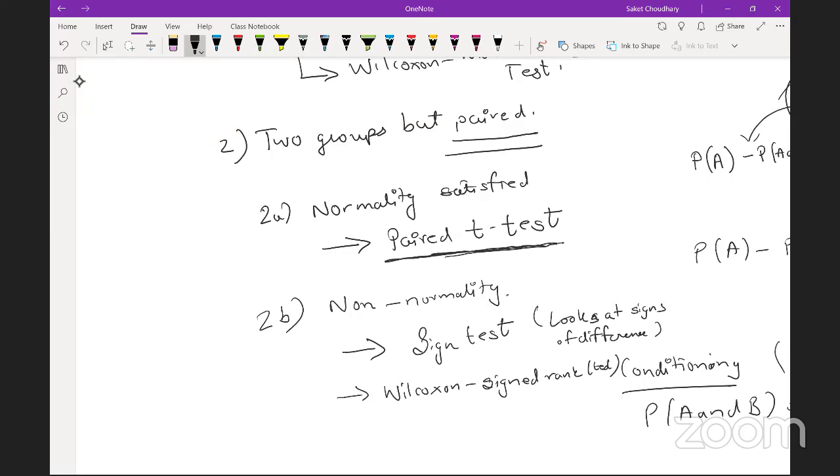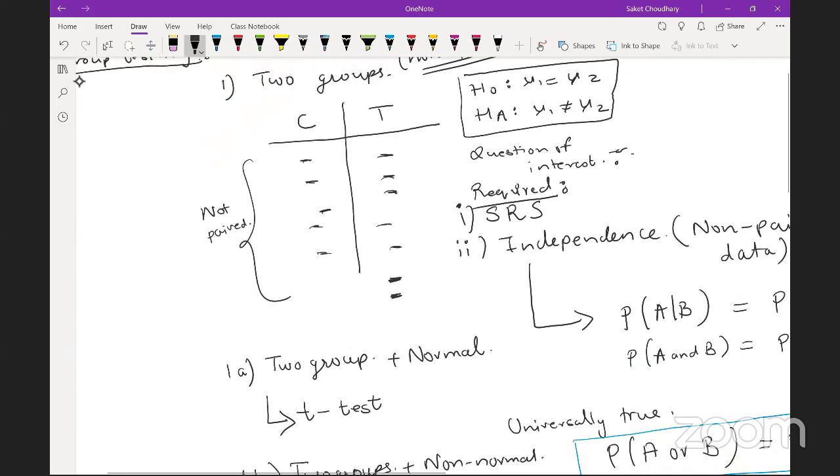Initially, in the later part of the course, we became interested in this two-group problem. To understand this two-group problem, we needed to understand what is independence and what a simple random sample is. Essentially, what is a simple random sample? Each individual in the population has equal probability of being picked, and picking one particular individual does not affect the probability of picking the second individual.